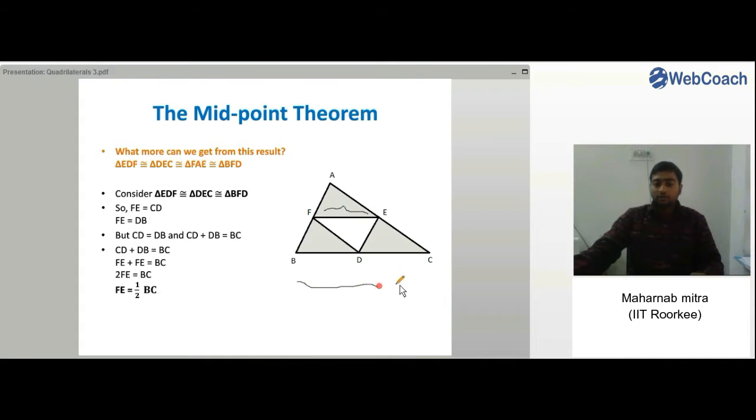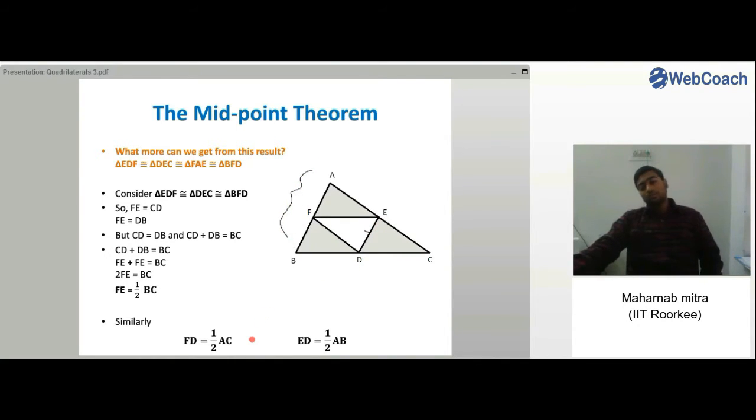And this is true for any triangle where the midpoints of two sides are joined, right? Or in other words, we can similarly show that this side FD is equal to half of side AC, right? And also this one, ED, equals half the side of the corresponding base.